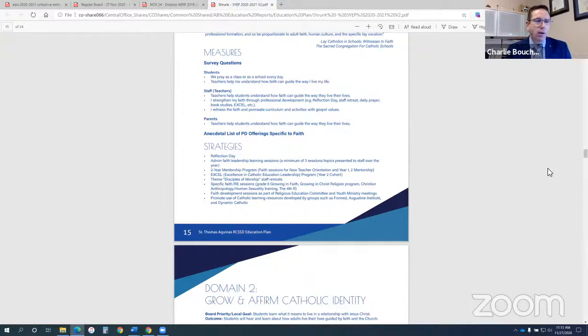So this is quite a bit different in that respect this year. Again, this education plan now affords us the ability to put in our own board priorities and local goals. So they're all incorporated in here.